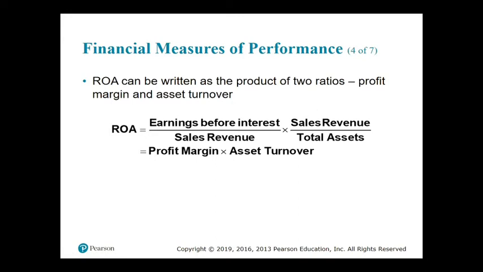So for Amazon, the profit margin turns out to be 0.87%, whereas the profit margin of Nordstrom was 11.07%, and the asset turnover for Amazon was 1.85. The turnover for Nordstrom was 1.50.